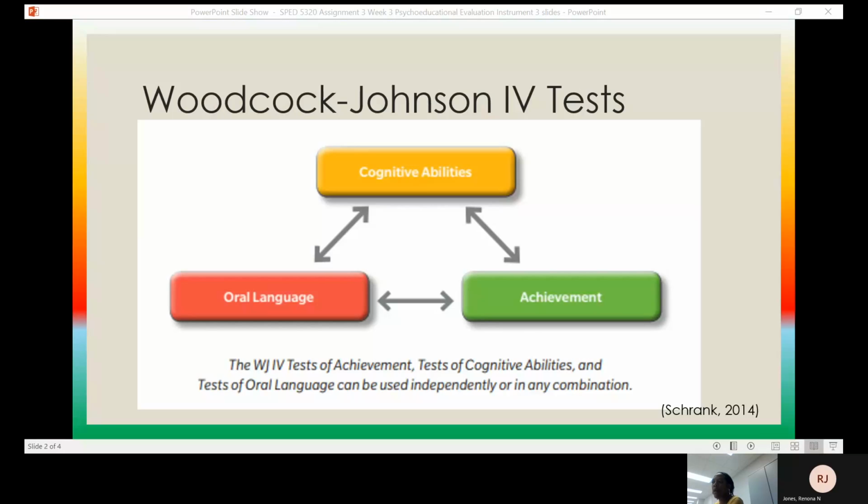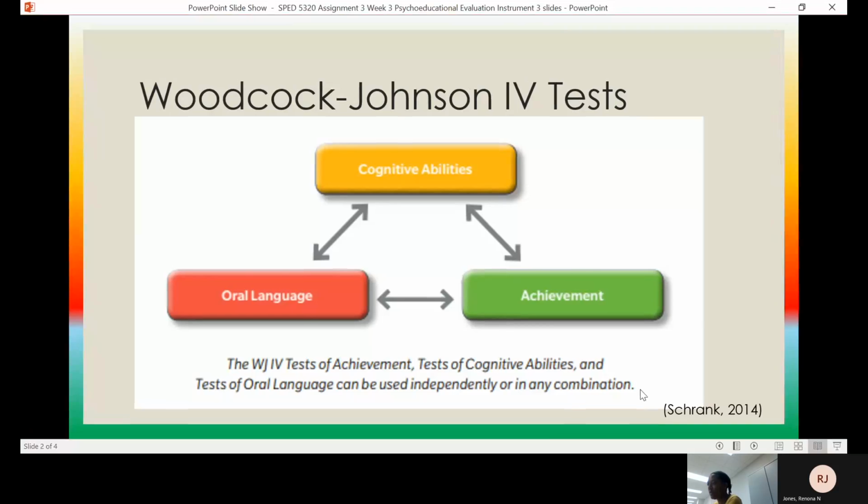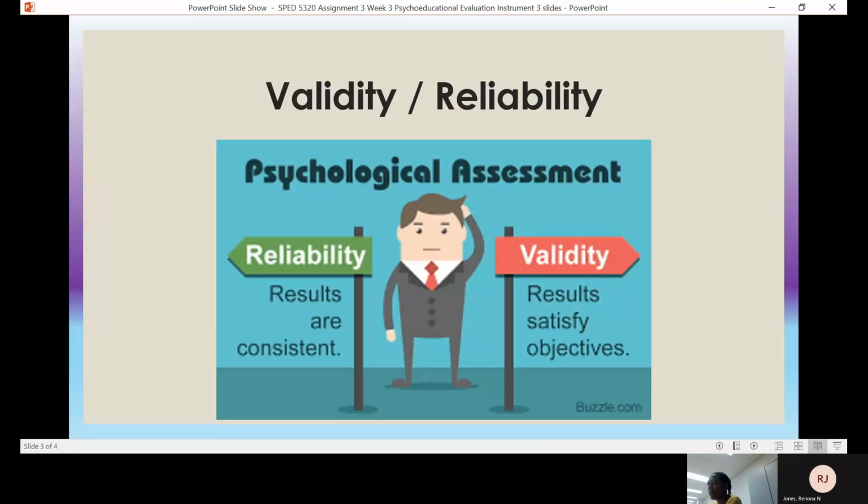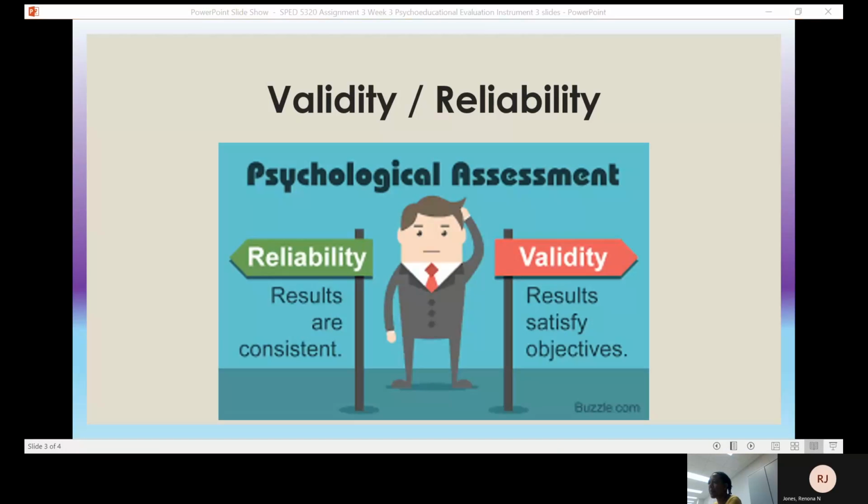The technical adequacy of an assessment is important. It is what determines if an assessment is valid and reliable.